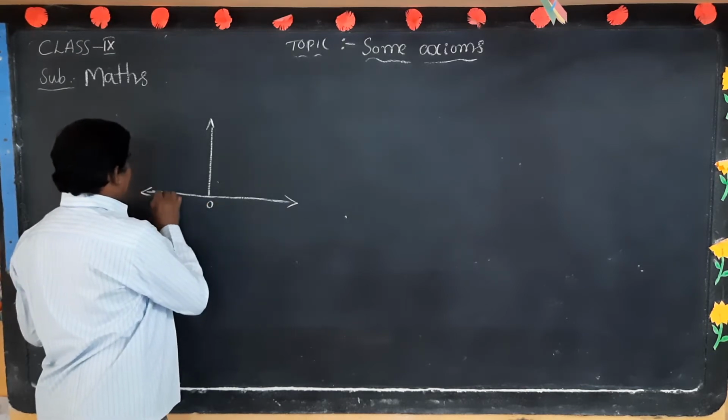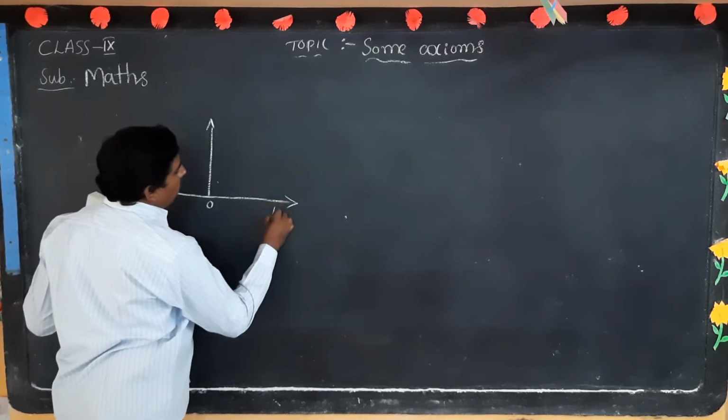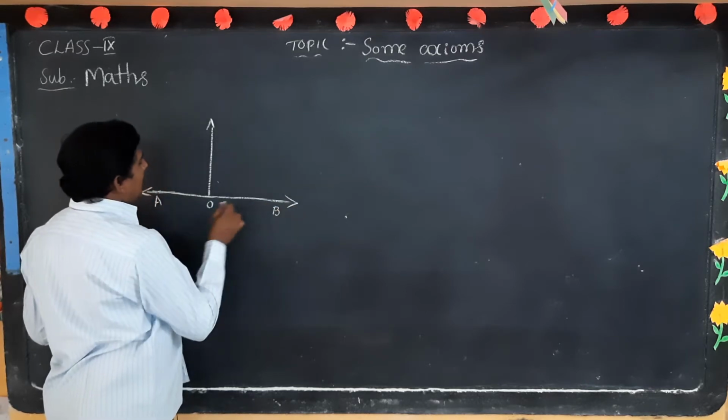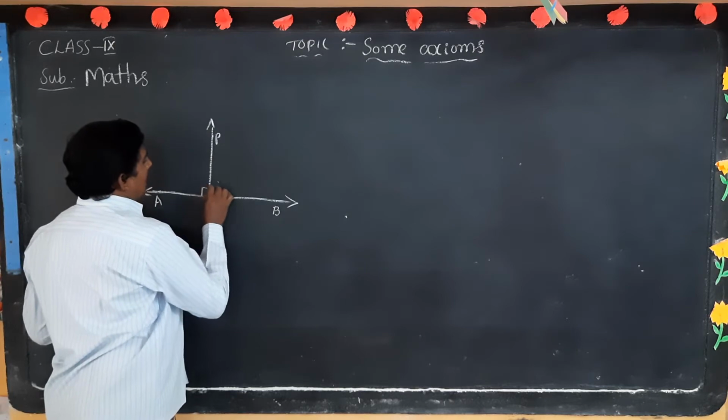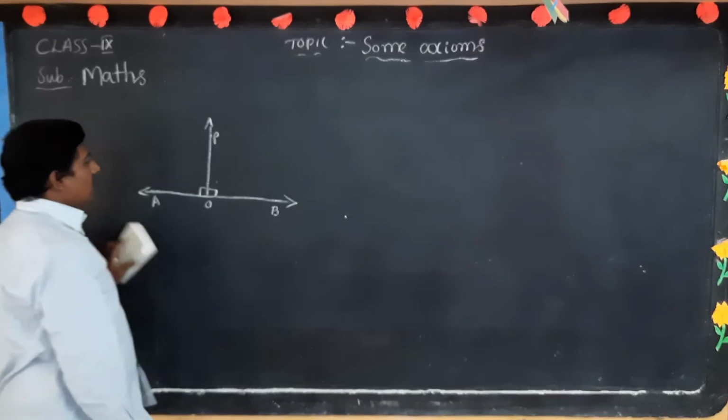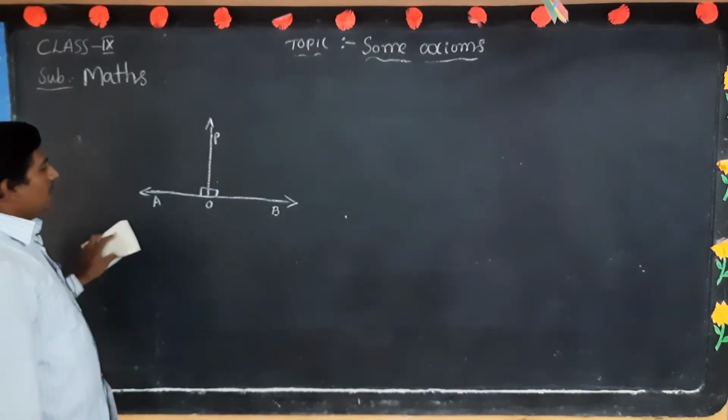This is line AB, this is OP, and OP is perpendicular to AB.